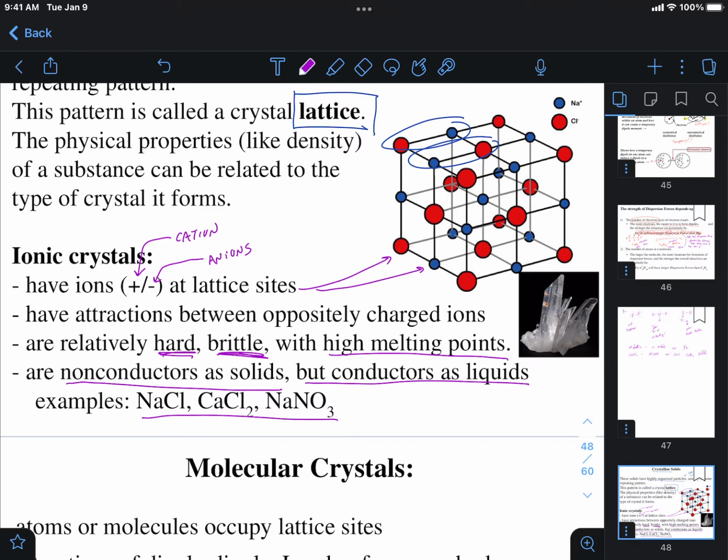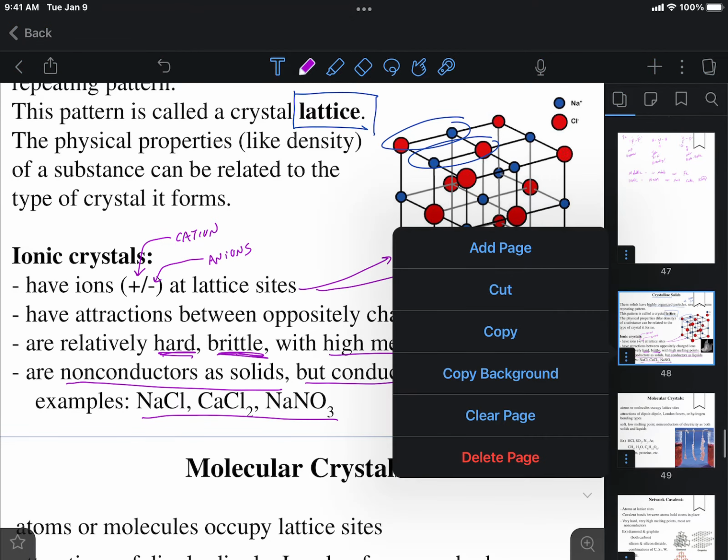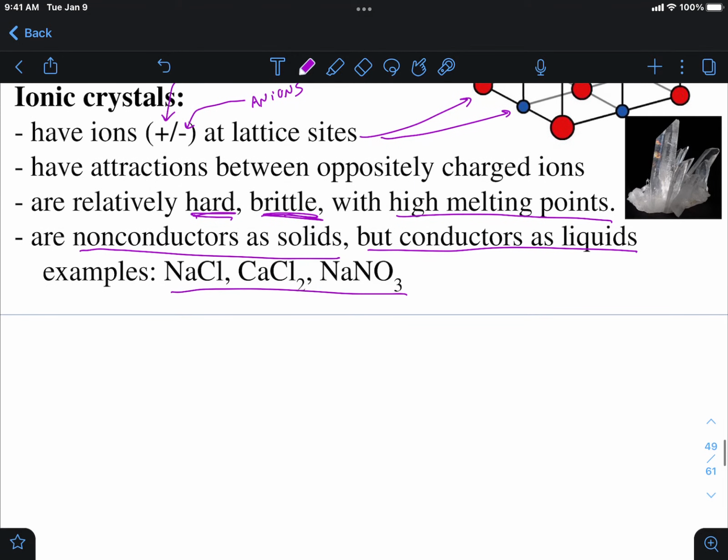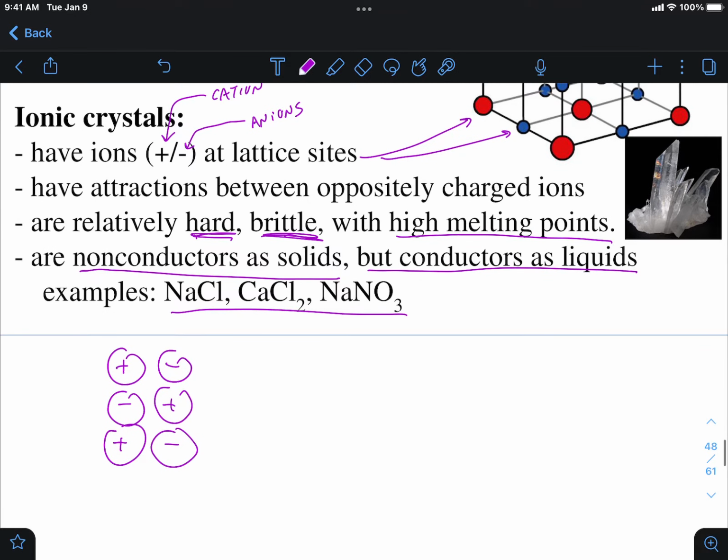I'm going to add a page here so I can draw a better picture. Okay, so your typical ionic solid looks like this. And the word brittle means something that shatters, right?